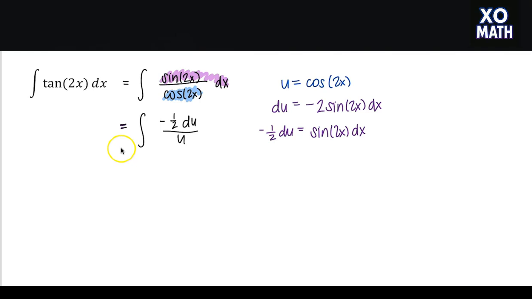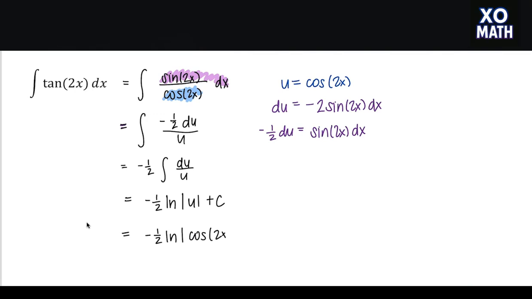So we can pull out the negative 1/2, negative 1/2 the integral of du over u. Well, that's our special antiderivative, the natural log of the absolute value of u. So negative 1/2 natural log of the absolute value of u plus c. So we will go ahead and plug our u, which was cosine 2x, back in to be left with negative 1/2 natural log of cosine of 2x plus c.